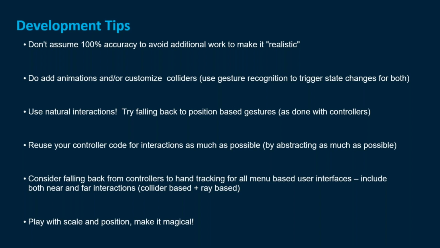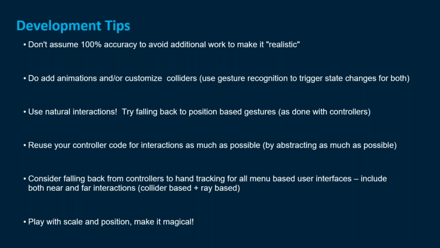Use some third-party libraries that are smart about hand physics to make it look realistic without having to avoid doing that work. Do add animations, like I mentioned, or custom colliders. You can actually probably change colliders in real time, or I guess I call them animated colliders. And again, use gesture recognition in combination.